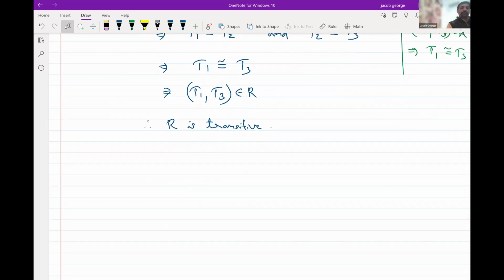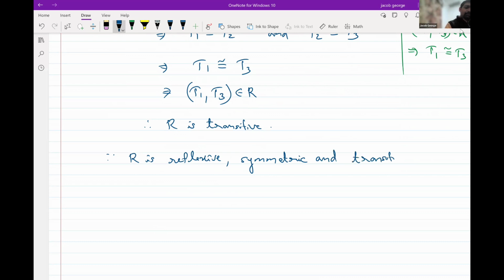Since R is reflexive, symmetric, and transitive, it is an equivalence relation.